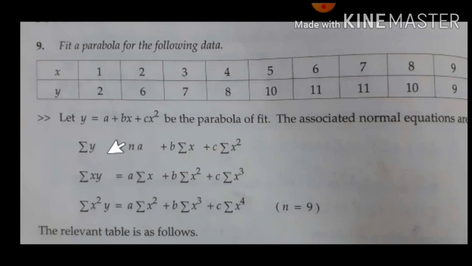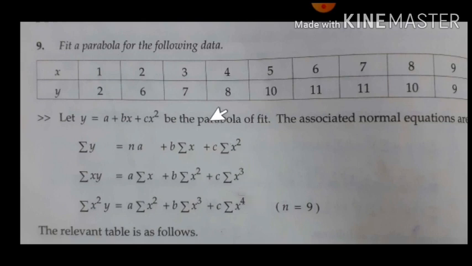Next multiply x square to this equation of a parabola, then take the summation: summation x square y equals a into summation x square plus b into summation x cube plus c into summation x to the power of 4.